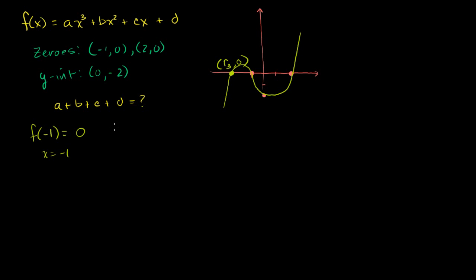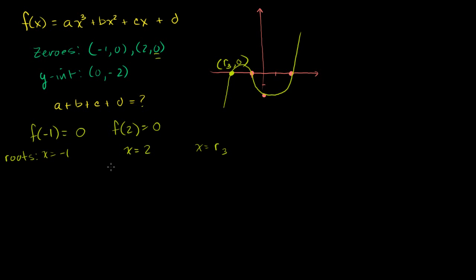Similarly, we know that f of 2 is equal to 0. Or we could say that x equals 2 is a root. So when someone tells you a 0, they're also essentially telling you the roots. And then we know there must be a third root at x is equal to R3.